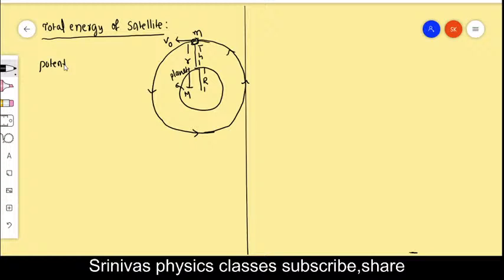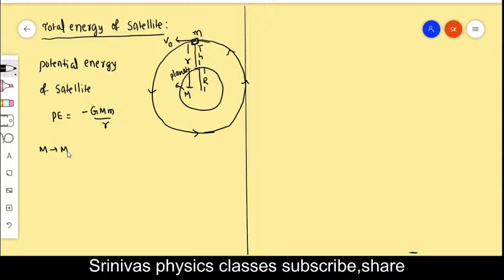What is the potential energy of the satellite? The potential energy between two objects is minus G capital M small m by r. What is capital M?